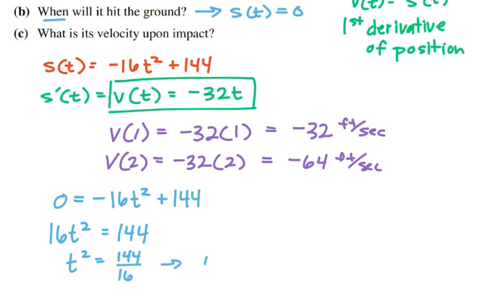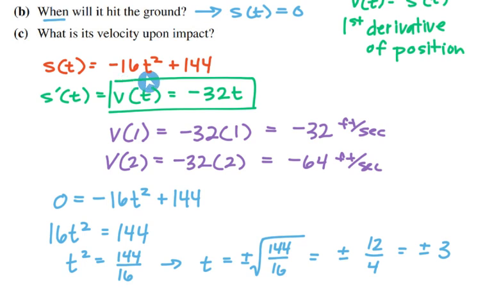Taking a square root, t equals technically plus or minus the square root of 144 over 16, or plus or minus 12 over 4, rather plus or minus 3.